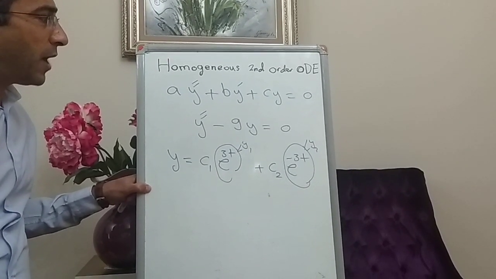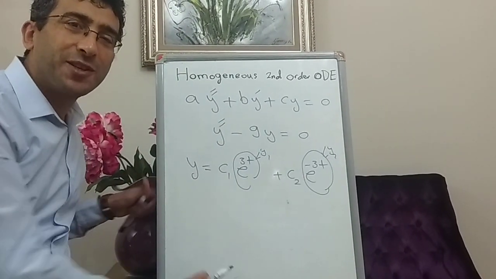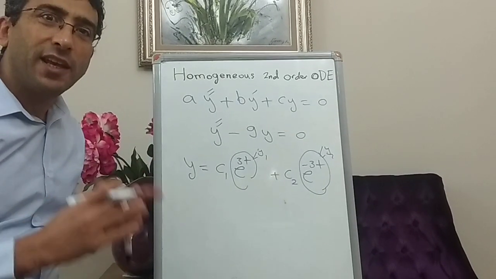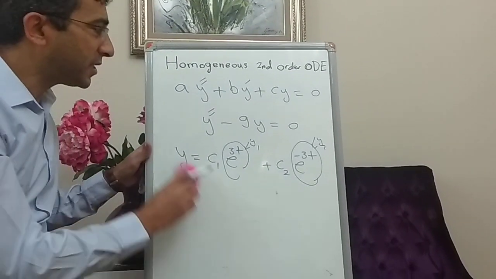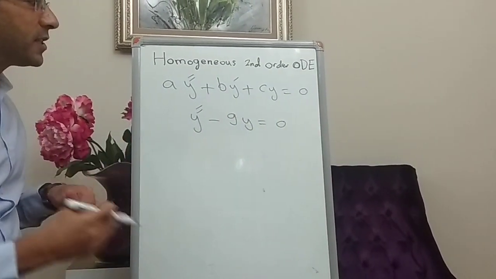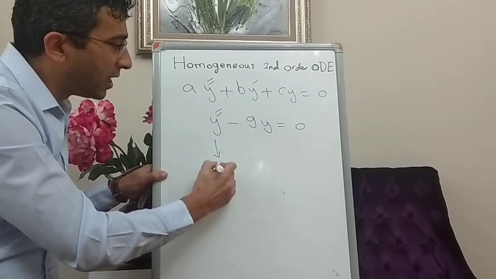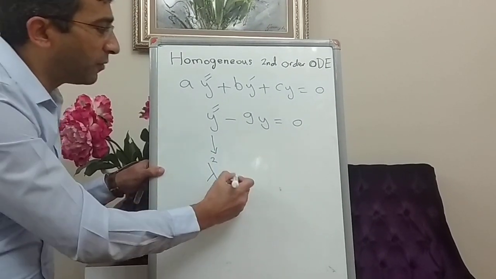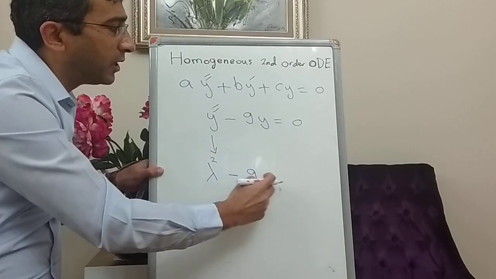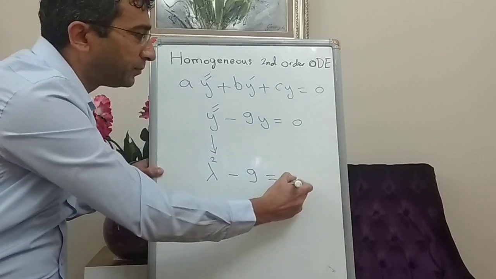In practice, you don't need to guess every time. You may use directly what we call the characteristic equation method. It's very simple here. In the characteristic equation method, you just write lambda squared as before, minus 9 lambda to the power 0, which is 1, equal to 0.